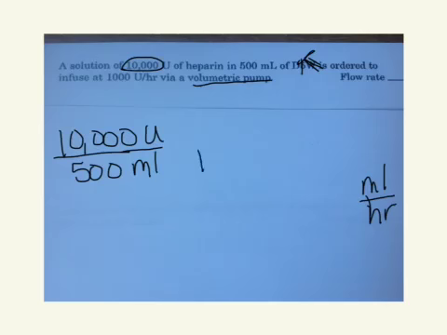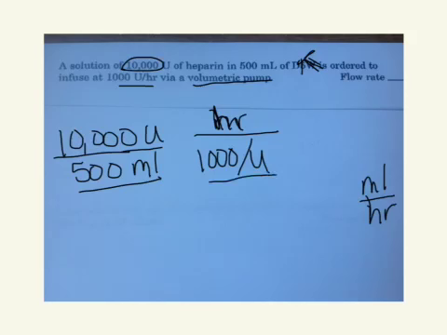So we're going to put the 1,000 here so that we can get rid of the unit, and then we're going to put hour up on the top. And so then we've got 10,000 units in 500 milliliters, that's here, and then we've got 1,000 units per hour, and that's here.